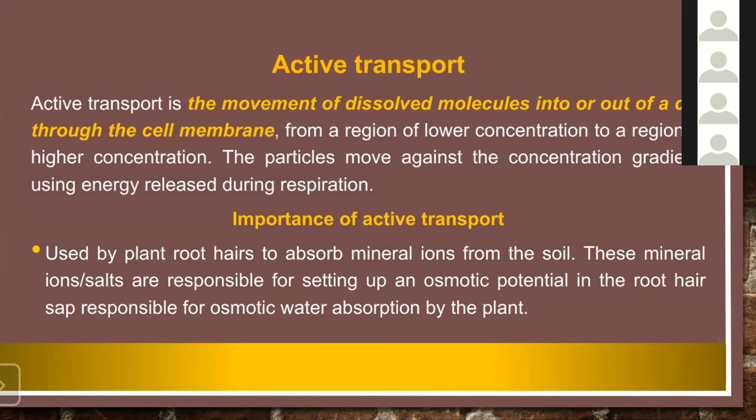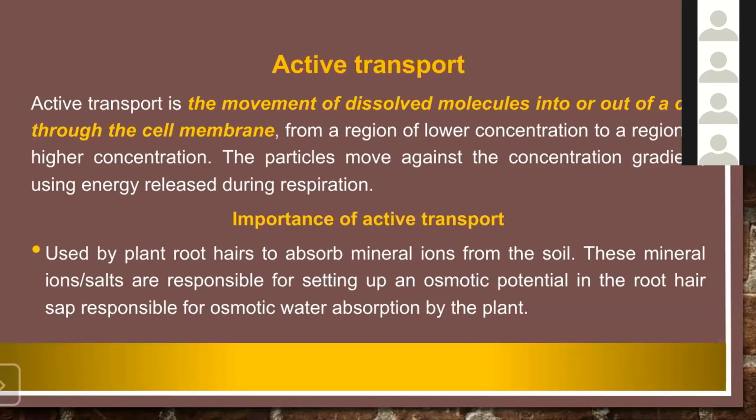Thank you. So I want to re-emphasize this: active transport involves movement from a less concentrated to a more concentrated region. That is what happens when plants are absorbing mineral salts from the soil. For the absorption of water from the soil, remember it is basically because of the process of osmosis.